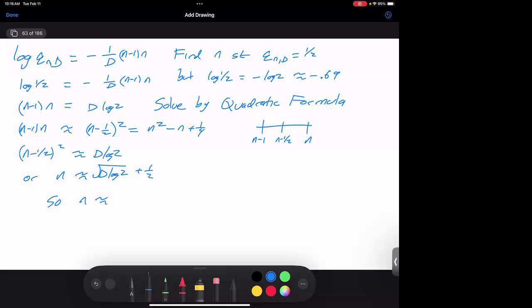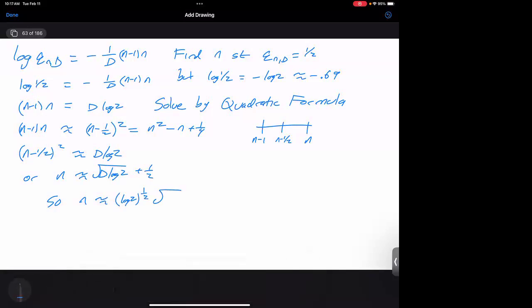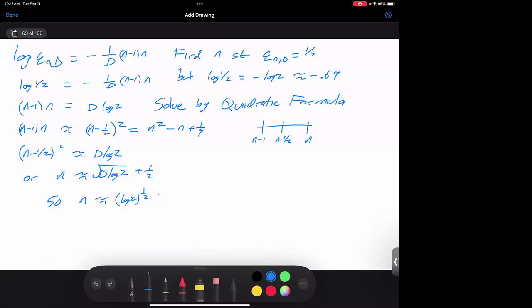So n is approximately log 2 to the 1/2 times square root of d, I'll write it this way, d to the 1/2 plus 1/2. And this is the most important part: the critical n grows like d to the 1/2.